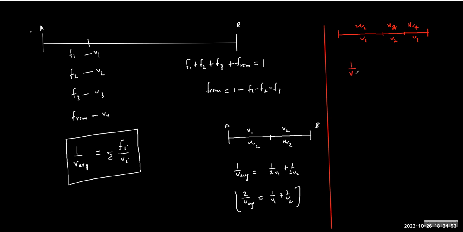Can we write directly what is the V average? Tell me the answer. So 1 upon V average will be equal to 1 by 2 V1 plus 1 by 4 V2 plus 1 by 4 V3. Correct. So you can see it's pretty easy to get the answer in one line. Given a fraction, no need to worry about the calculation. You can just do this directly and you will get the answer.